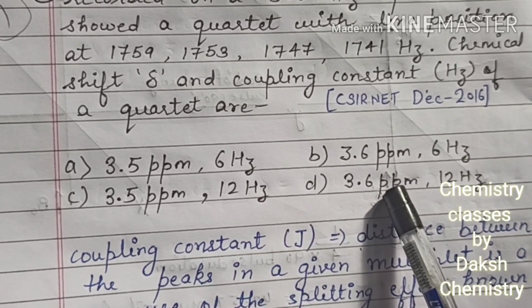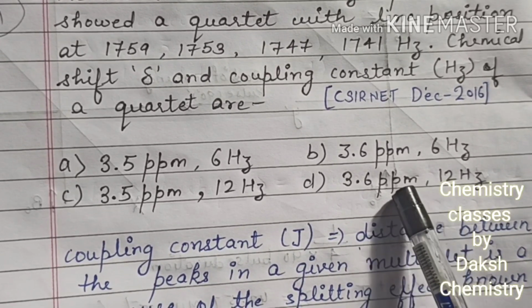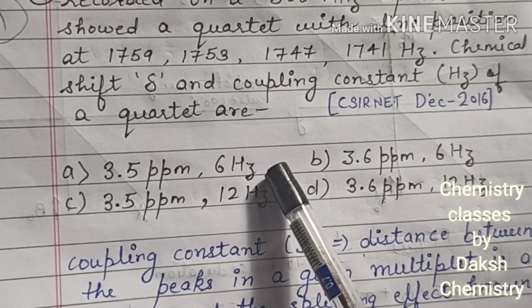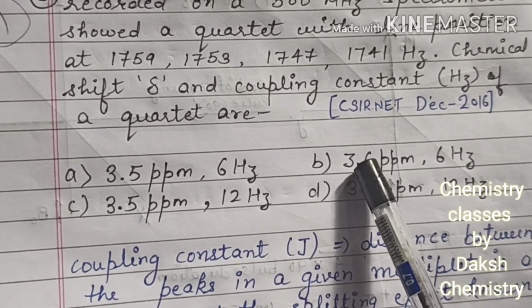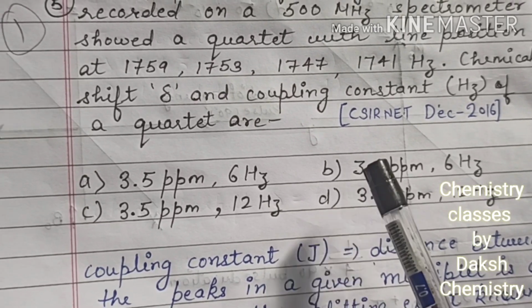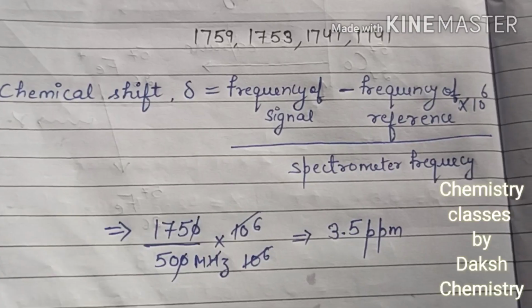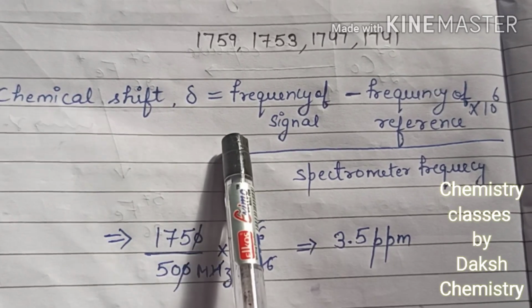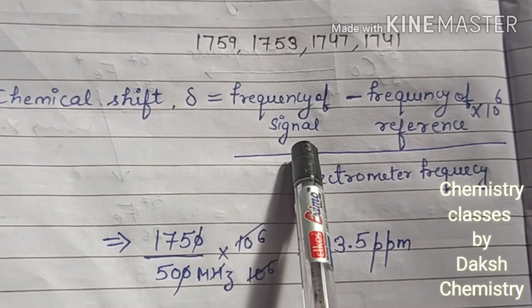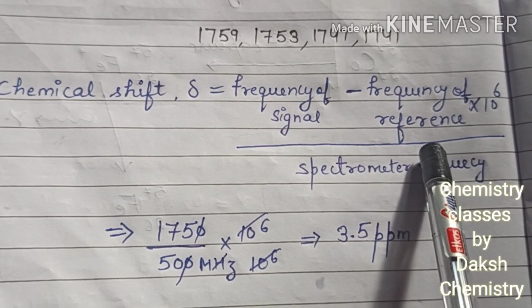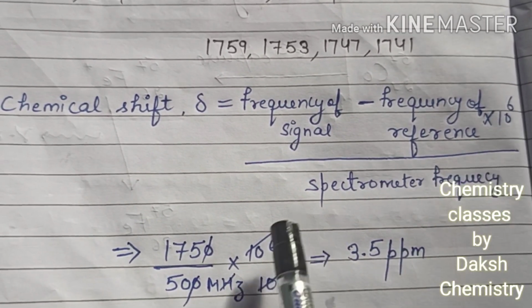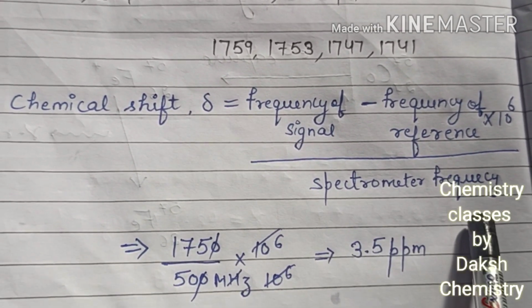These two options, C and D, are eliminated from here. We will go only for the first and second for calculating the chemical shift. Chemical shift is equal to the frequency of the signal minus the frequency of the reference, times 10 to the power 6, divided by the spectrometer frequency.